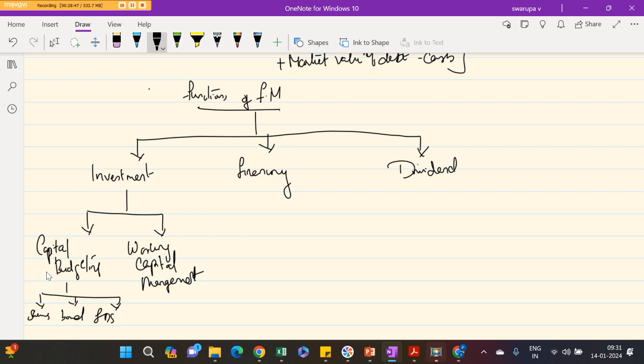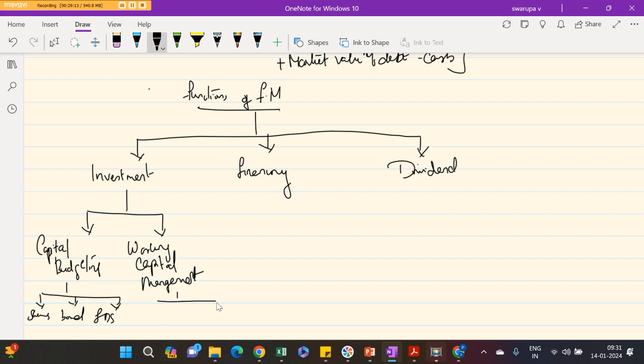Whereas if I go to a new market and if it works, I might get 40 to 50% as profit. So that decision we have to make based on the investment options that we have in hand, the amount of risk that is there, the probability of return, how sure we are about the new market, and whether we'll be able to earn a profit or not. So that is the capital budgeting decision.